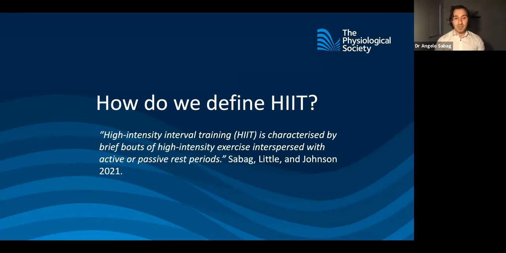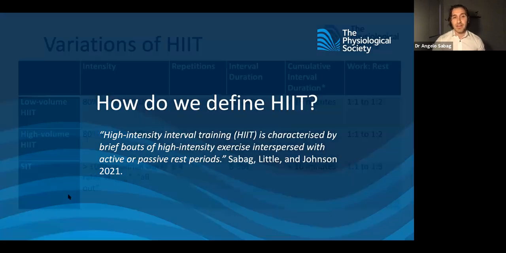With gym based HIIT programs or group exercise programs, you do incorporate a lot of resistance training, and it ends up being more akin to high intensity circuit style training. So it's important to define what it is that we're talking about here. In the literature and in the review that I published, we looked at aerobic based interventions. That includes running, cycling, jogging, depending on your fitness, and even swimming.